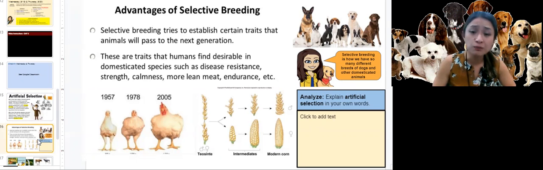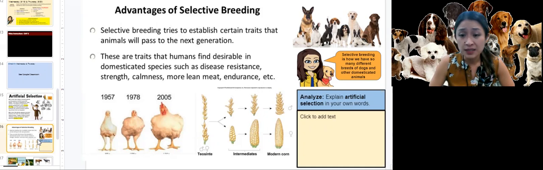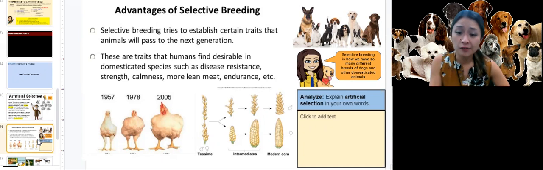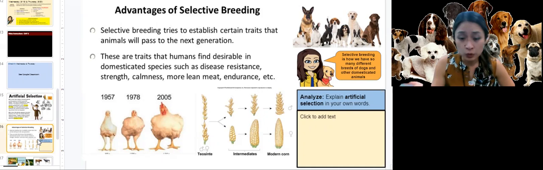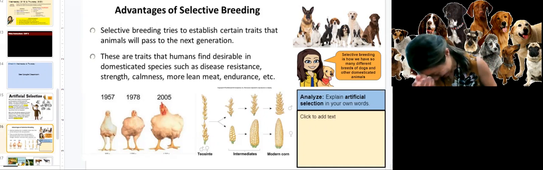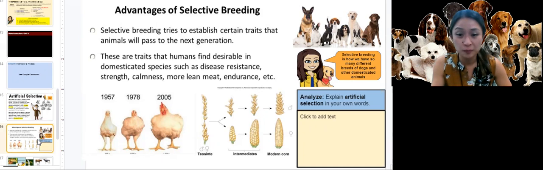And so often people breed different dog types together, and they have a certain mix that they want, right? So a Labrador and a poodle would make a Labradoodle, right? And so when that happens, that's called selective breeding.